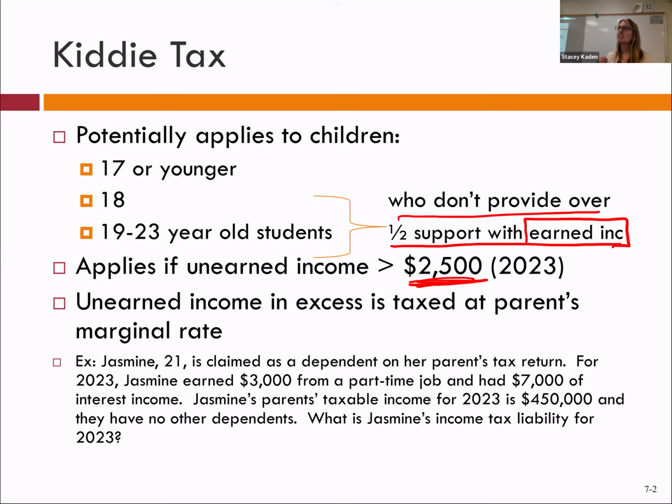Maybe a little bit of earned income from wages or babysitting or some self-employment type gigs. That would be it, but you wouldn't have other types of income. Well, then Congress decided that there was too much shifting going on after you reached the age of 14. So they changed it.